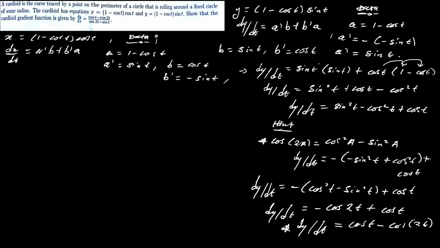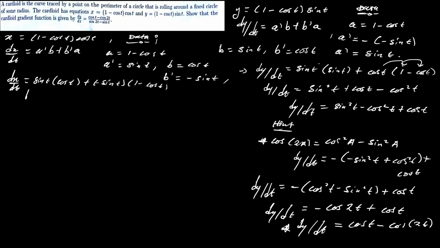Now if I plug this back into our partial derivative dx/dt, a prime is sine t, then b is cos t, plus b prime is negative sine t, then a is 1 minus cos t.